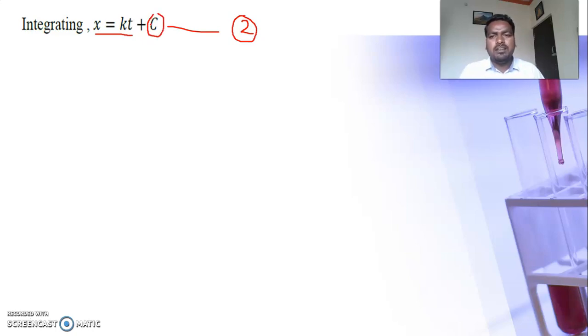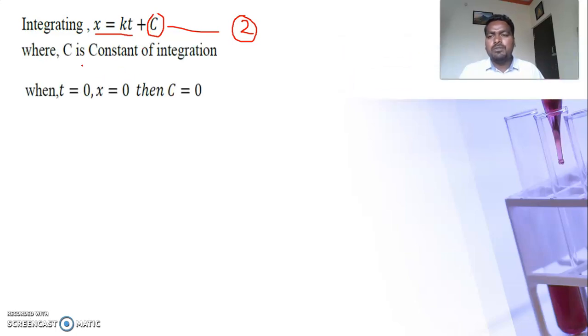We have to calculate the value of c. At t is equal to 0, the reaction has not started, so x is also 0, that is, no reactant is converted into product. If you substitute the values of t and x in equation 2, this is 0 and this is 0, so c is equal to 0.